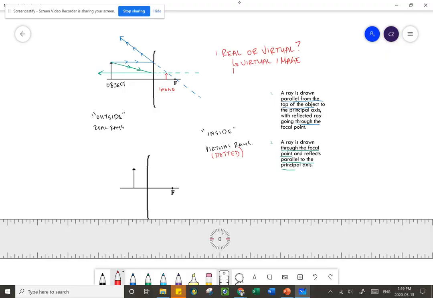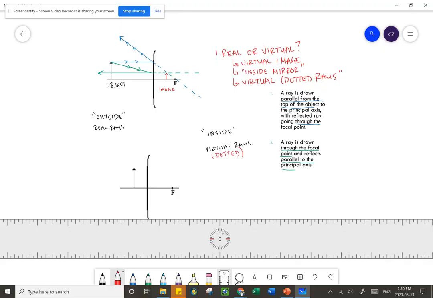Okay, I also know that because it's on the inside of the mirror, and it's made of virtual, or those dotted rays.